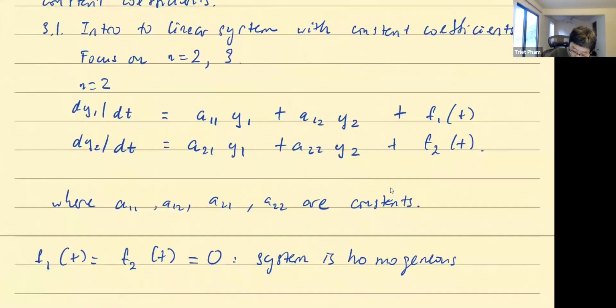And when they're non-zero, meaning they're some other function of t, then the system is non-homogeneous.